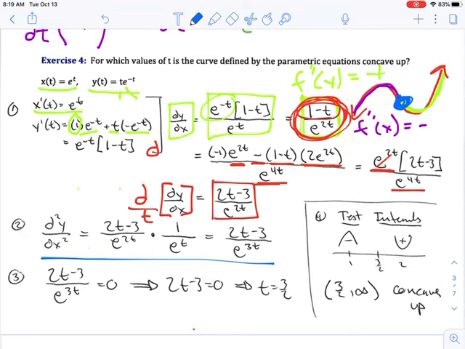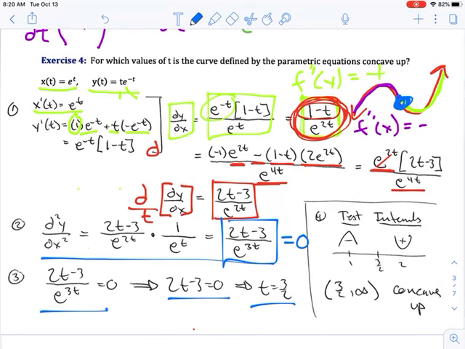So when we set the second derivative equal to 0, we find the point of inflection. And that divides the interval where we're concave up from where we are concave down. So let's take the second derivative, set it equal to 0. We then end up with 2t minus 3 equals 0, or t equals 3/2.